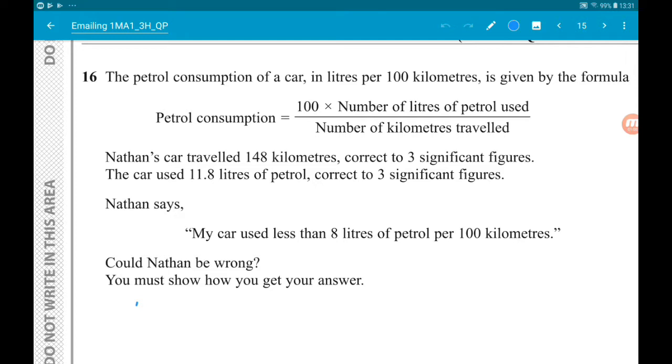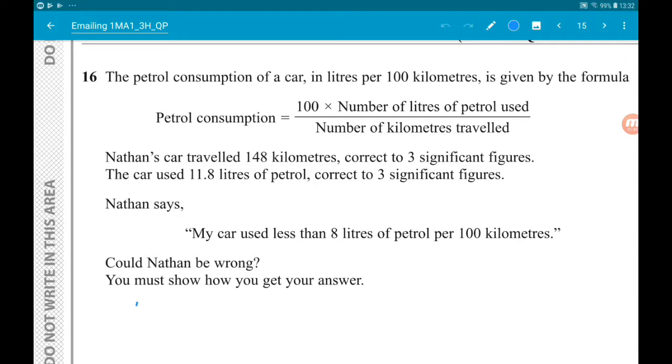Okay, so Nathan is saying his car used less than 8 litres of petrol. So for him to be wrong, we would need his car to use more than 8 litres of petrol. So what we need to do is find the upper bound for the petrol consumption.